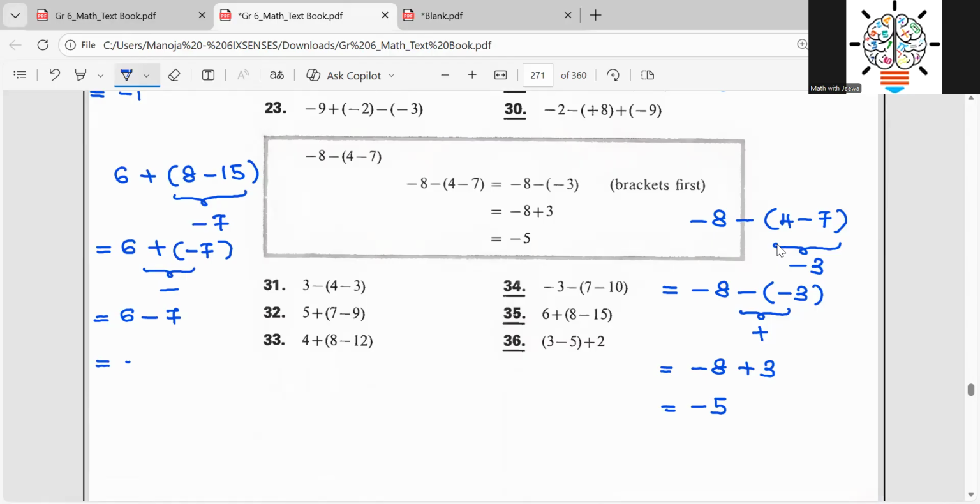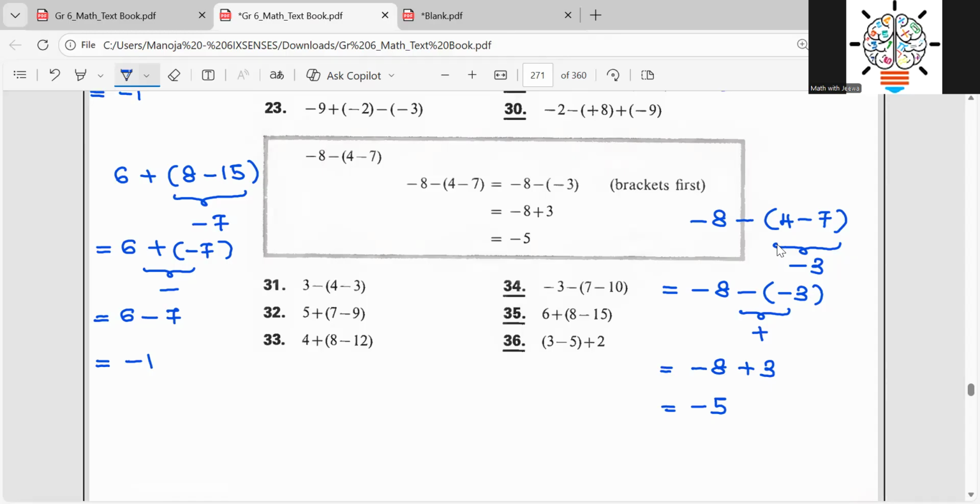And the answer is negative 1. Right? 8 minus 15, the answer is minus 7. And then I just rewrite everything, 6 plus minus 7. So then I have two signs in front of 7. First, I want to solve that. Positive and negative, when I multiply, it gives me a negative answer. Then I have 6 minus 7, that is minus 1.